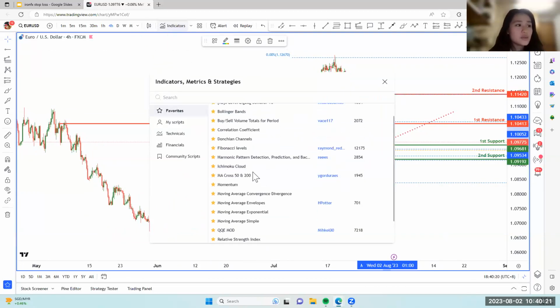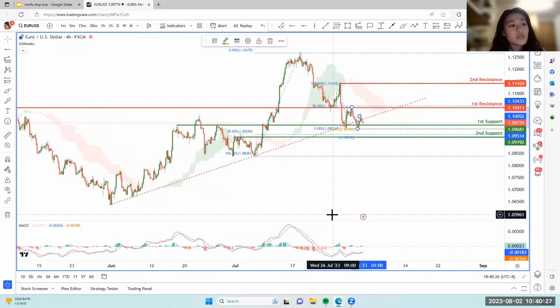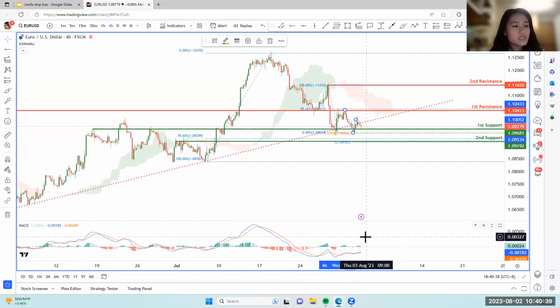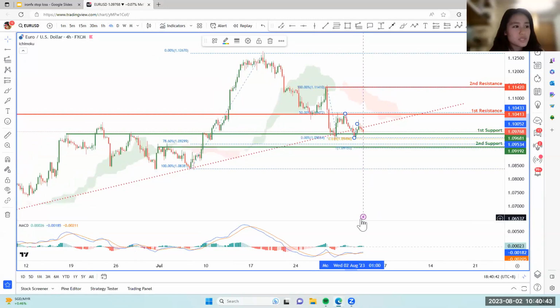The indicators that we like to use are Ichimoku and MACD, because just at one glance, it tells you exactly what the signals are. So price is moving below the Ichimoku cloud on our indicator, giving us a bearish signal. MACD is giving us a pretty bullish signal. Slightly bullish over here.